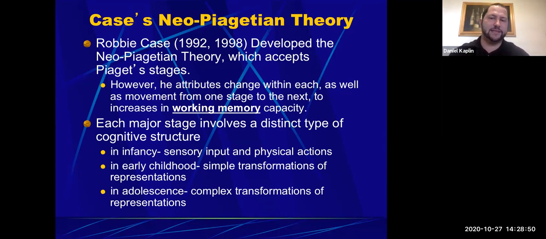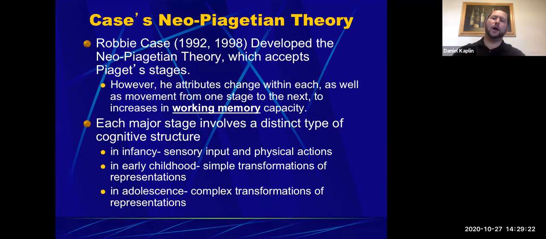He didn't fully explain the process by which people go from one stage to the next, and his timeline for moving from one stage to the next, he doesn't fully explain. So Robbie Case developed a theory that tries to explain some of what's going on and how you move between the stages and the cognitive structures.